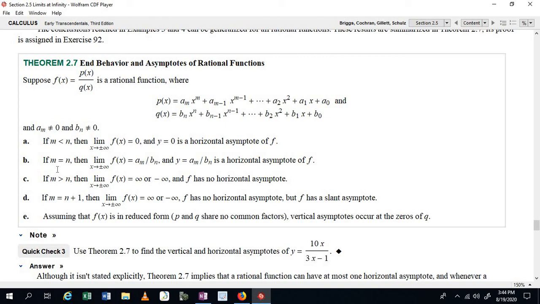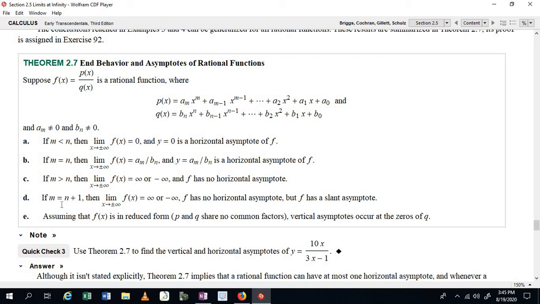If the degree of the top is bigger than the degree of the bottom, then this limit, as x goes to infinity or negative infinity, of this rational function is either infinity or negative infinity, and you have no horizontal asymptote in that case.